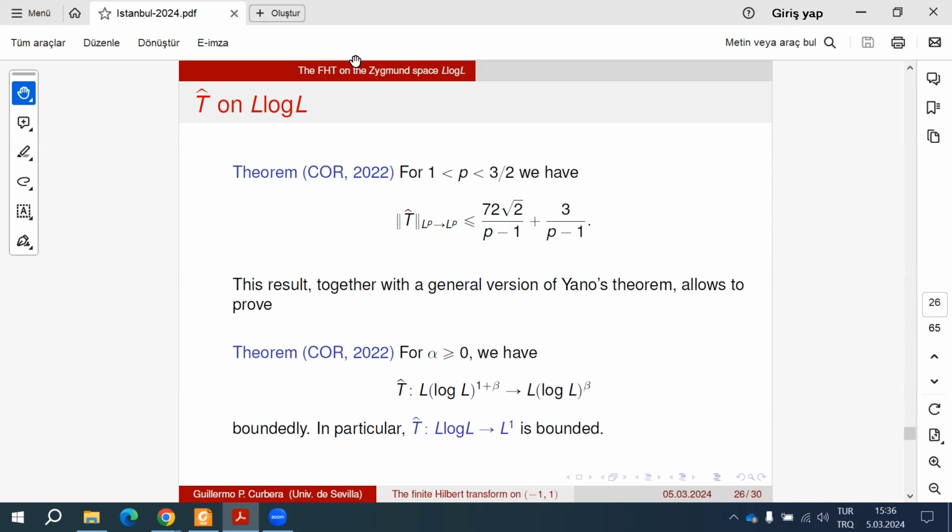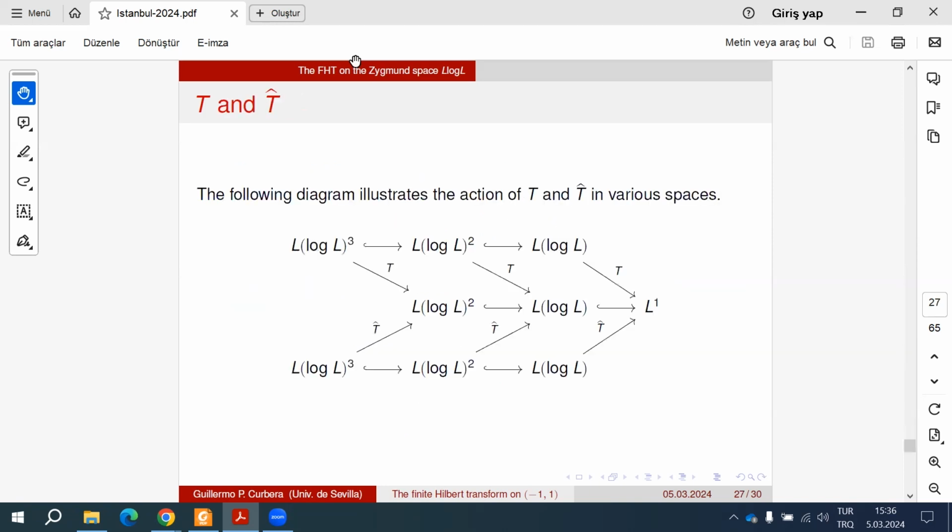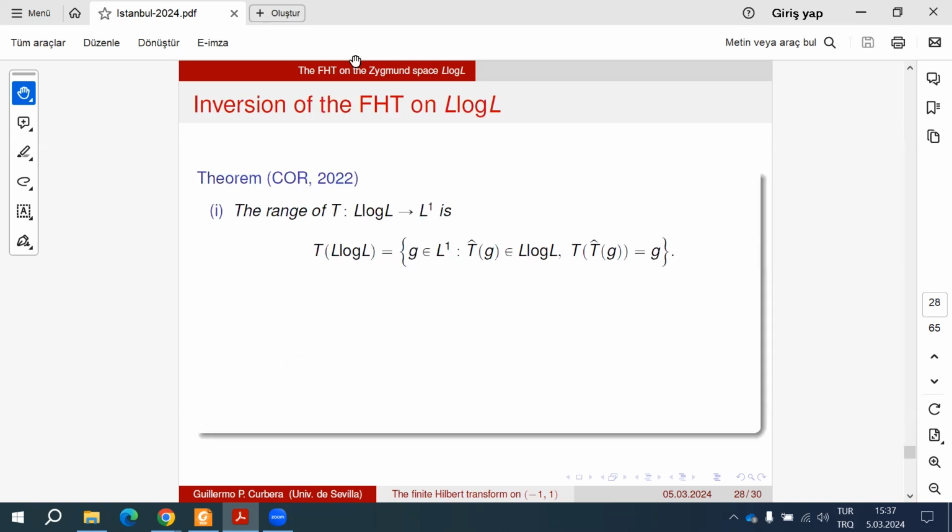Then applying that result, well, I formulated it here more generally, but the idea is, thanks to this bound, this T hat goes from L log L to L1. That is the important thing. With that, and this is just a drawing of how this operator goes through a scale of spaces related to L log L, we can do a sort of inversion for L log L. When we identify the range, which is those functions in L1, the pseudo inverse maps to L log L, and T hat is G. That is the range.